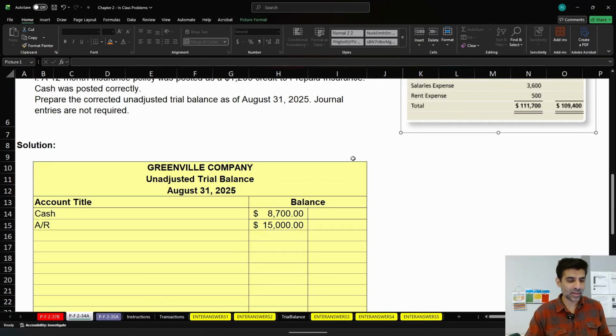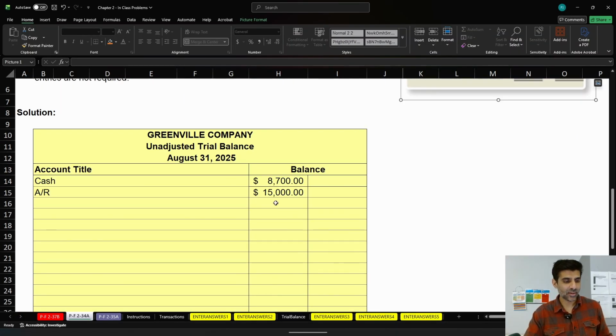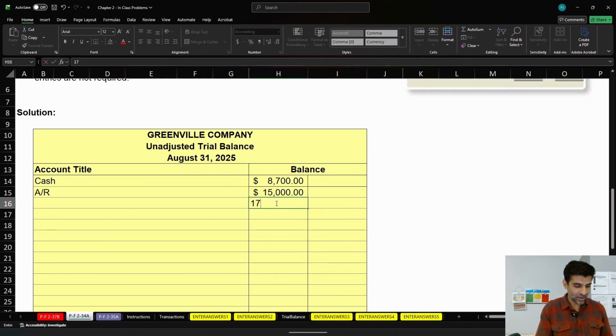If we go back to our trial balance, we see that supplies is at a $700 debit balance, but it's not including this other debit for 1,000. So what is it going to be now when we include it? 1,700. So 1,700 is going to be the new balance of supplies after we correct for this.